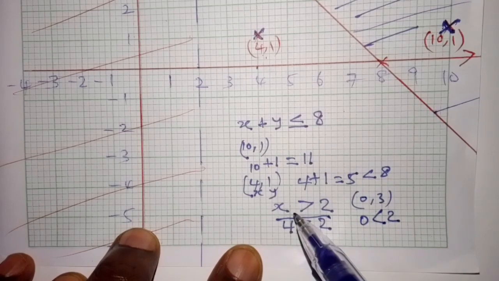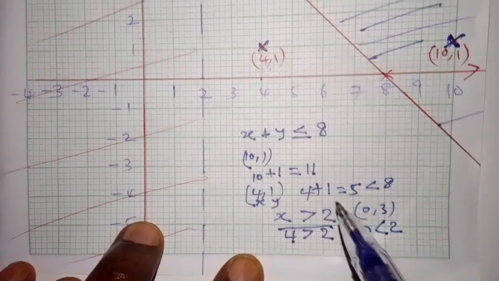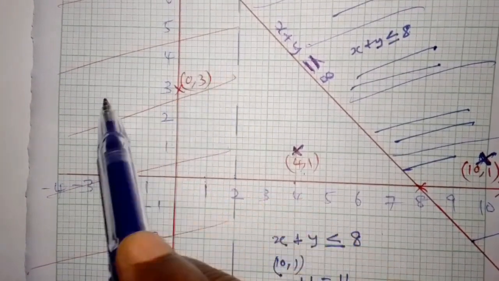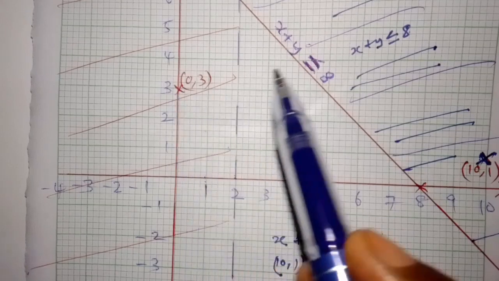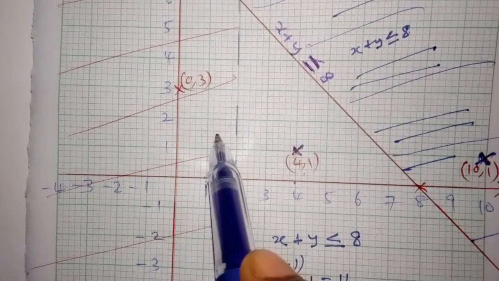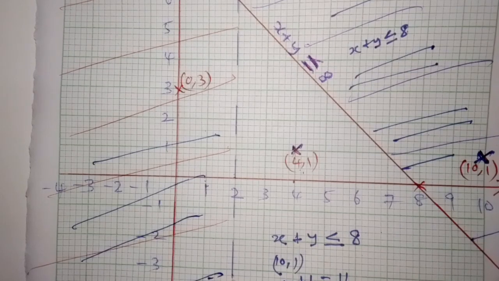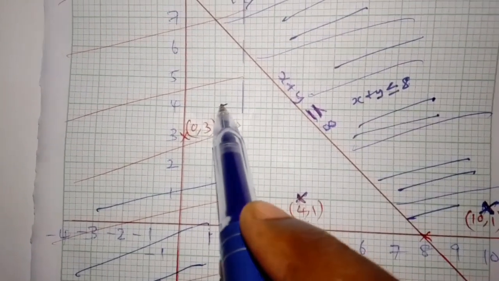So it is not satisfying this inequality, which means that any point we take in this other region will not be valid. So we shade this other side of this inequality.